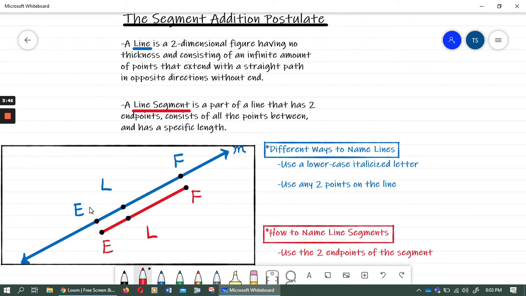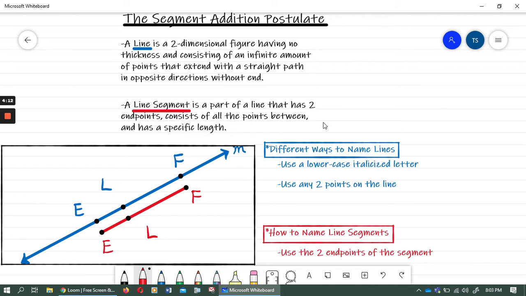Sometimes they call points vertices, depending on what type of geometric figure you're looking at. Again, like what you see here: capital E, capital L, capital F.